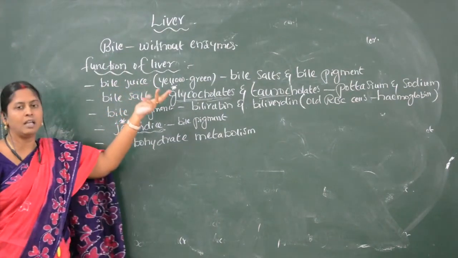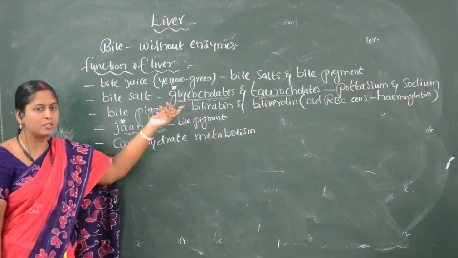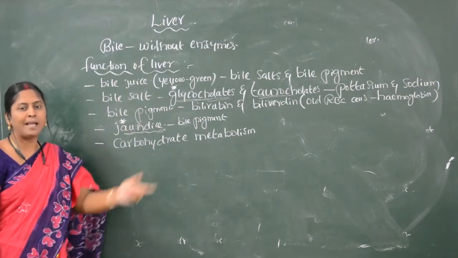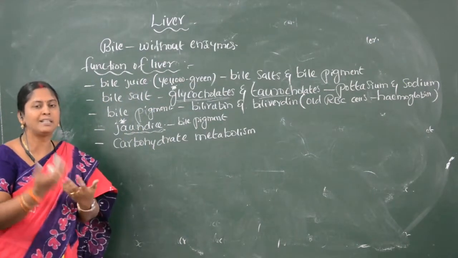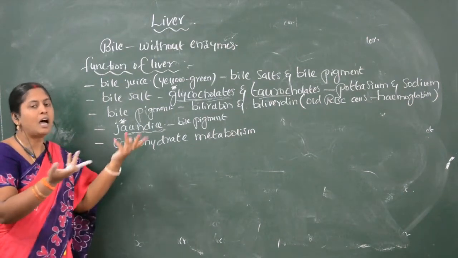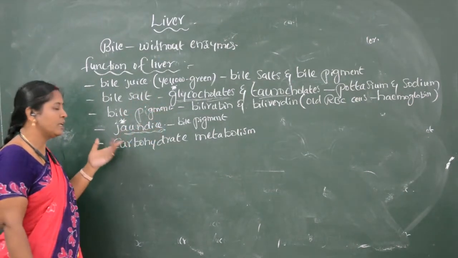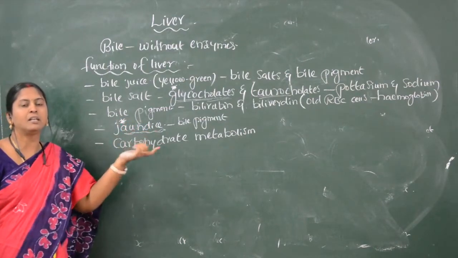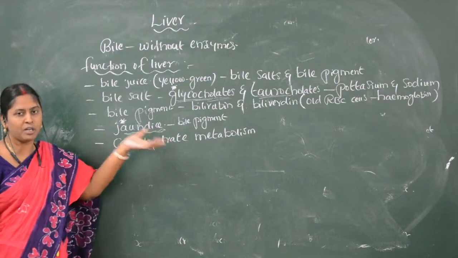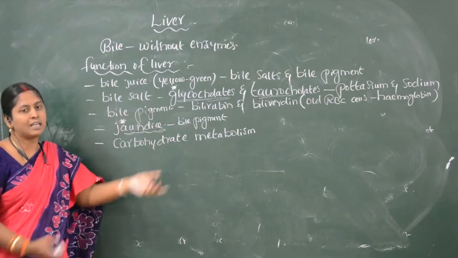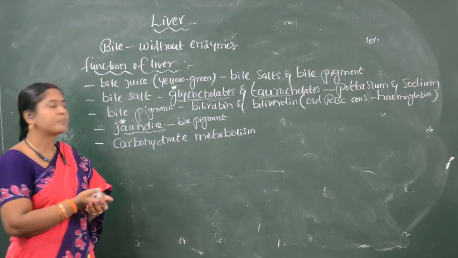Bile salts are glycocholates and taurocholates of potassium and sodium, whereas bile pigments are bilirubin and biliverdin, which are formed by the destruction of old RBCs, or hemoglobin. If this bile pigment, instead of leaving along with excretory matter, suddenly enters the blood because the cystic duct is blocked, it causes a disease called jaundice.